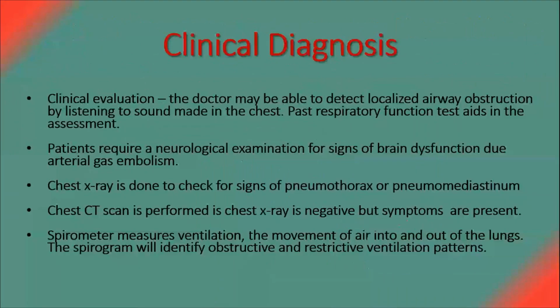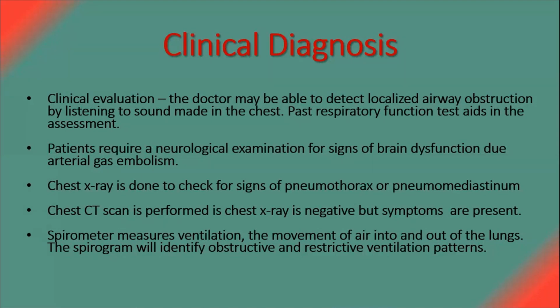So these are the clinical diagnoses, a clinical evaluation, that should be done on the Navy diver. The doctor should be able to detect localized airway obstruction by listening to the sounds in the chest, and check for any past respiratory function tests.